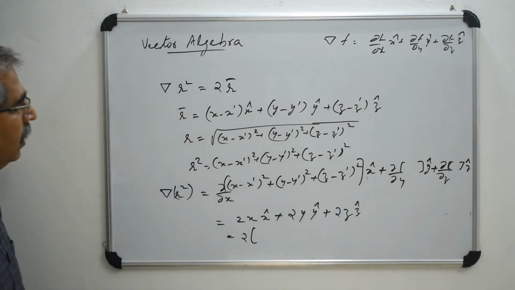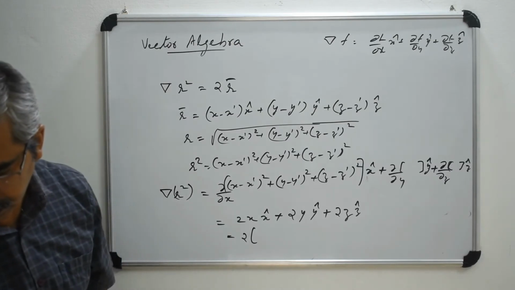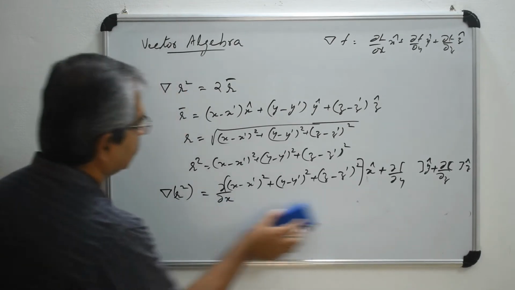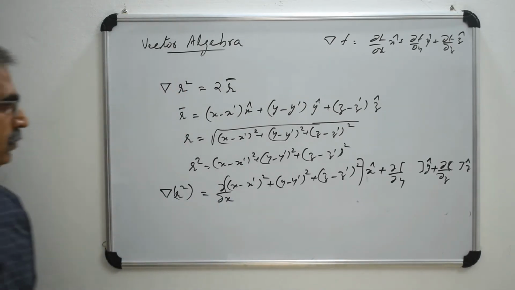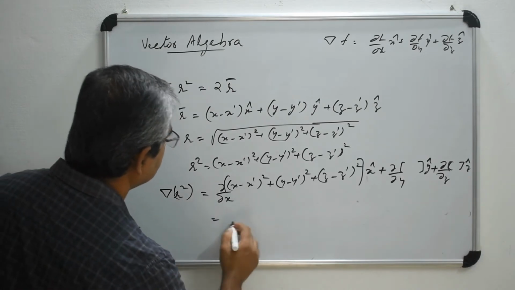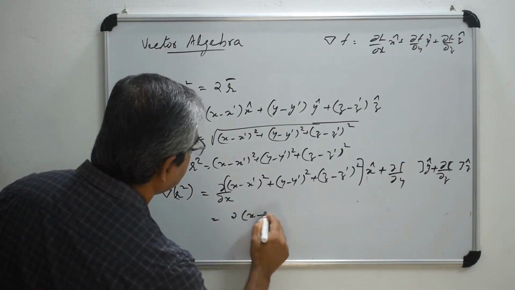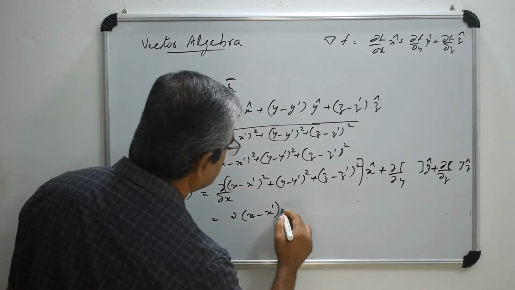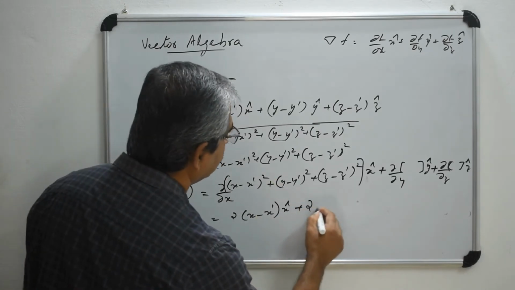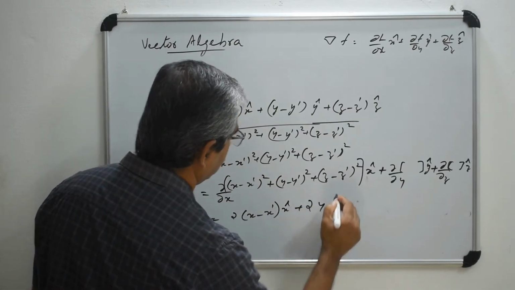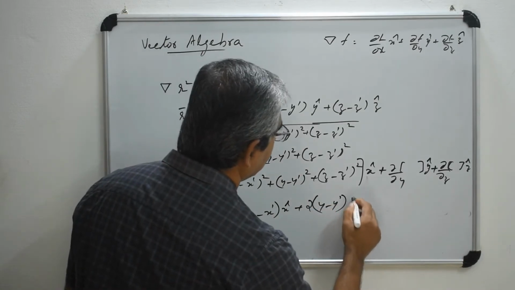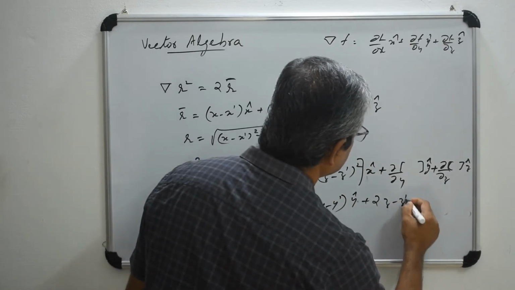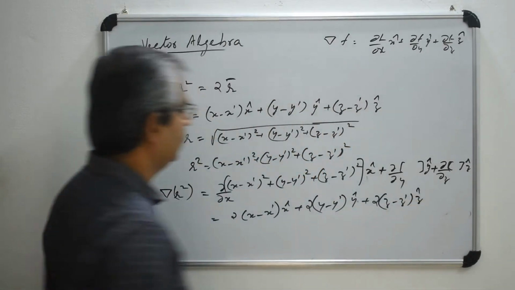So this is equal to 2 into x minus x dash into x cap, plus 2 into y minus y dash into y cap, plus 2 into z minus z dash into z cap, isn't it?